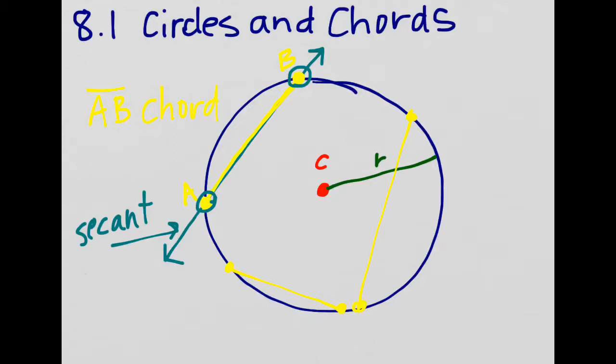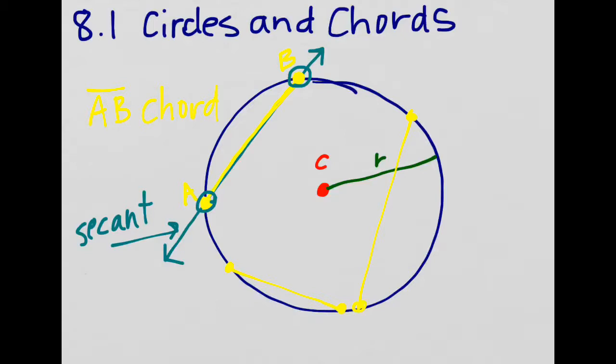But the line itself that's blue is called a secant, and it's a line that happens to intersect a circle in exactly 2 points, no more and no less. So if a line came, and we'll talk about this later, and I kind of missed the boat here, if it only intersects it at 1 point, that's called a tangent, and that's not what we're talking about. We're talking about a secant. It intersects at 2 points. The yellow portion here is called a chord. Okay, so that's the difference between those two.